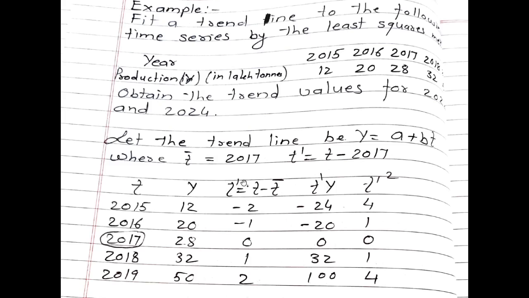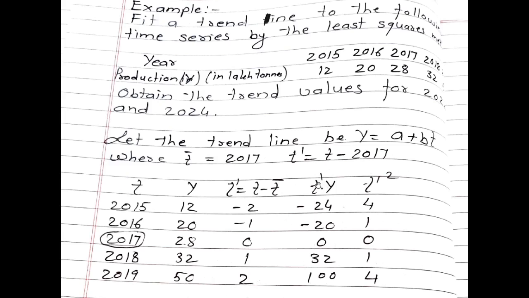So t' can be calculated as 2015 minus 2017, which is minus 2; 2016 minus 2017 becomes minus 1; 2017 minus 2017 becomes 0; 2018 minus 2017 becomes 1; 2019 minus 2017 becomes 2.